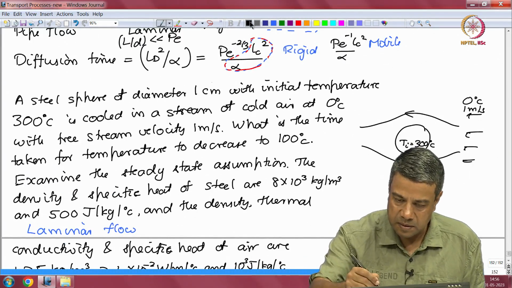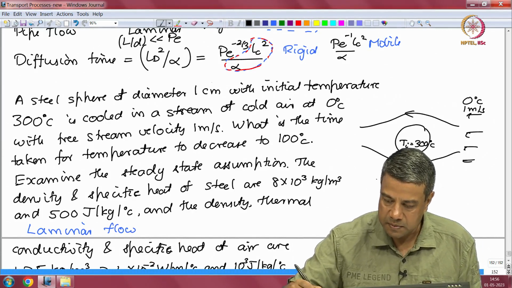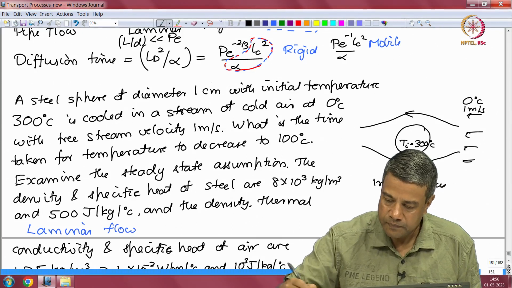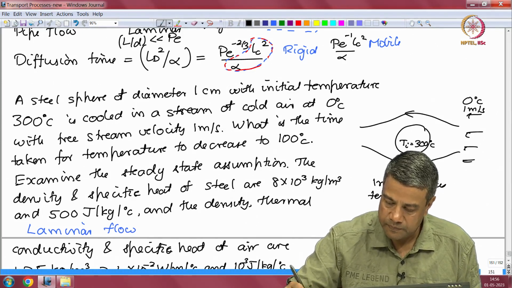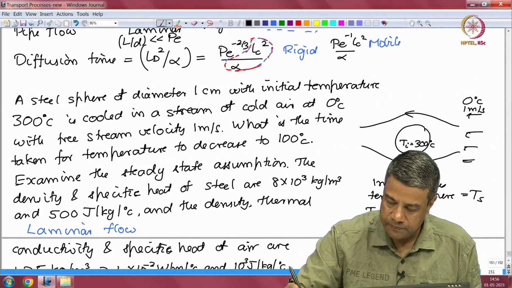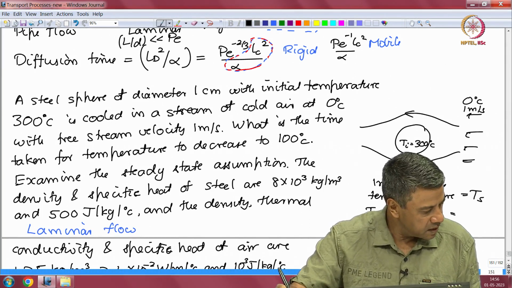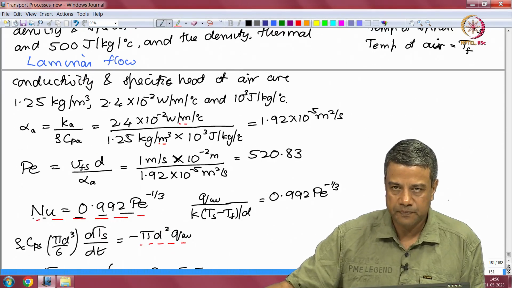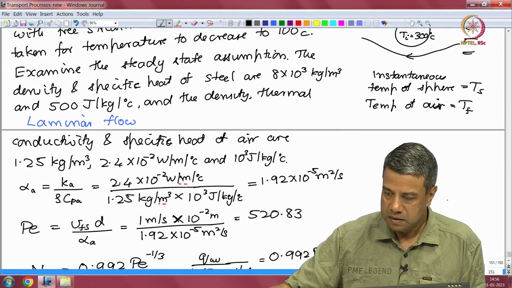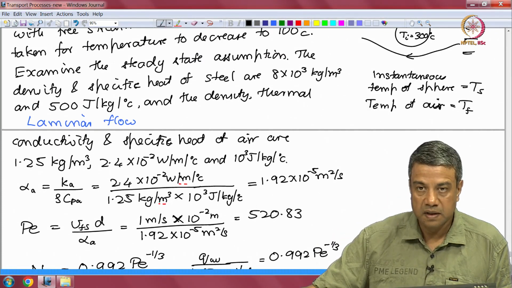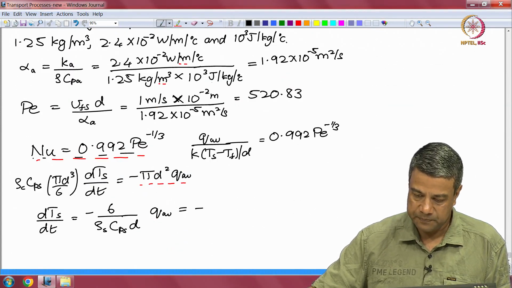Where the instantaneous temperature of the sphere is Ts, Ti is the initial temperature of the sphere, and the temperature of air is written as Tf.